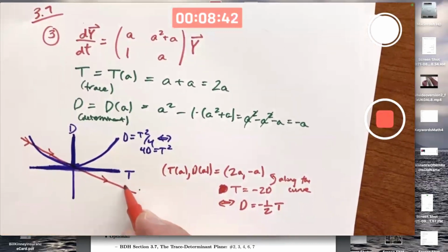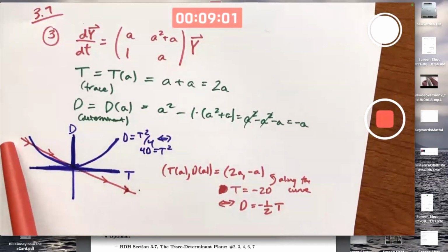Okay, so I'm drawing arrows as if that were like a straight line solution for a differential equation, but it's not. It's just showing how the trace and determinant change as A changes. T increases, D decreases. And in this trace determinant plane, the curve will go like that.